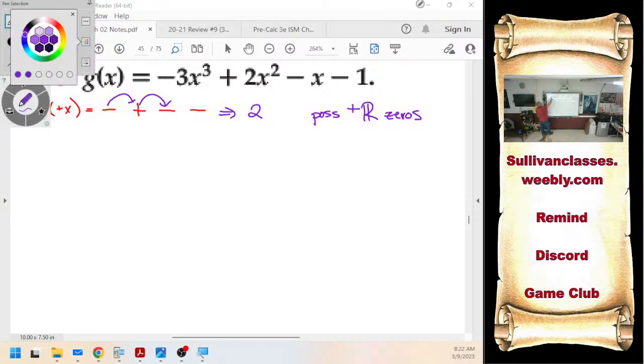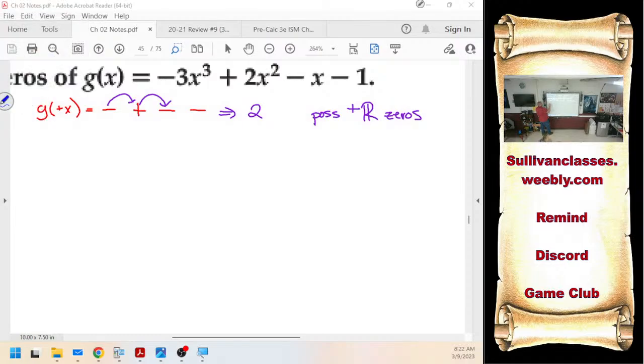If I instead put in a negative x. Well, I got triple negative here, and then negative 3. What is that? Positive. I got double negative here, and then positive.